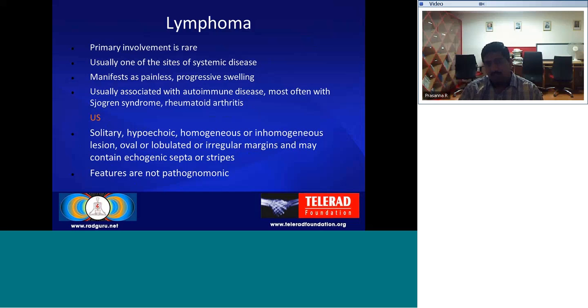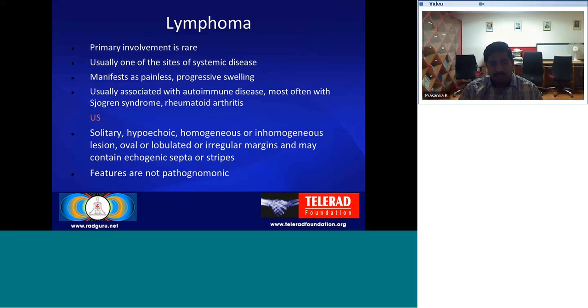So the diagnosis is not solely based on imaging of the parotid or the salivary glands, but it should be looked at in a larger picture. Once we know that this patient has lymphoma with other organs involved, then any lesions in the salivary glands should be looked into with a suspicion of lymphomatous involvement of the salivary glands.